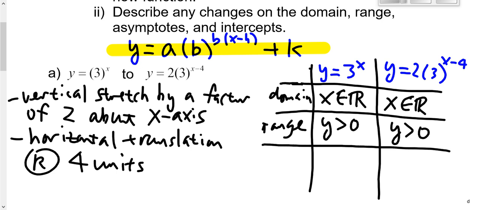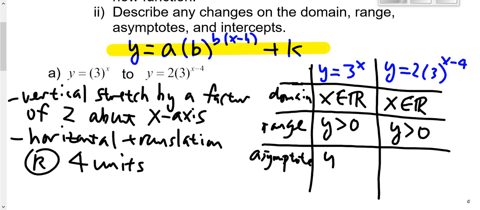Next, let's look at the asymptotes. As I mentioned, when we talk about the range, there is an untouchable line, so you find that the graph looks almost touching the x-axis, but it's not the case.